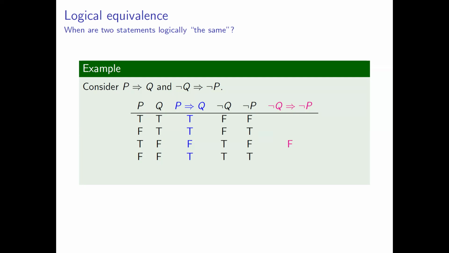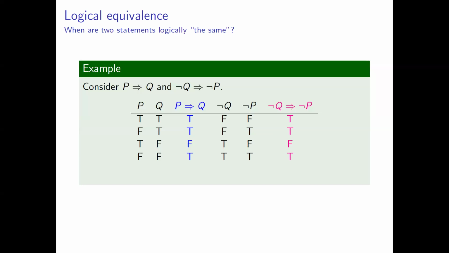The statement not Q implies not P is false exactly when the statement not Q is true and the statement not P is false. That is, it is false exactly when P is true and Q is false. It is true for all other cases.